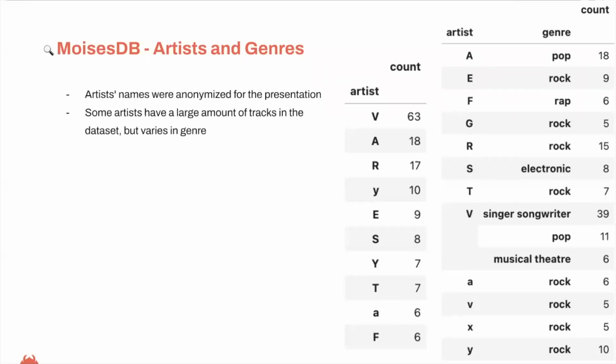We know that genre is a very subjective classification, there is some looseness in there, but we can see that for the most recurrent artists in the dataset, we see 3 genres. So that's one of the reasons that we requested our provider to add more tracks to the dataset, so we have a more balanced dataset when looking at the artist amount of tracks.